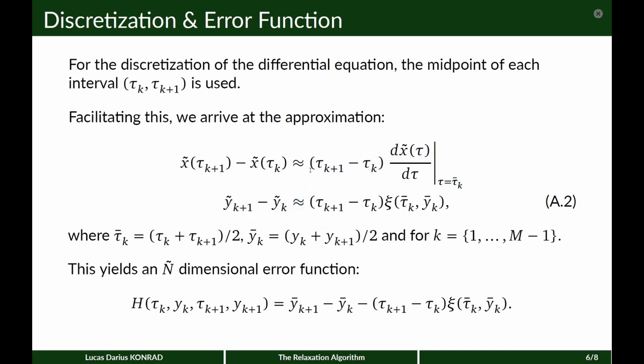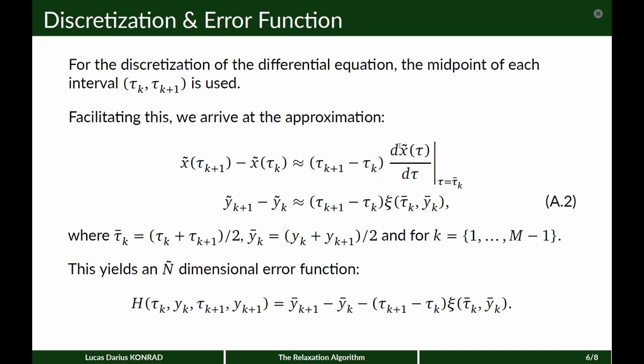The idea now is that we approximate this exact change with a linear approximation. And this linear approximation says, how long is the time period? This is the first thing. And how does it change, evaluated at some point? So the exact change on the left is approximated by a linearized version of the change.